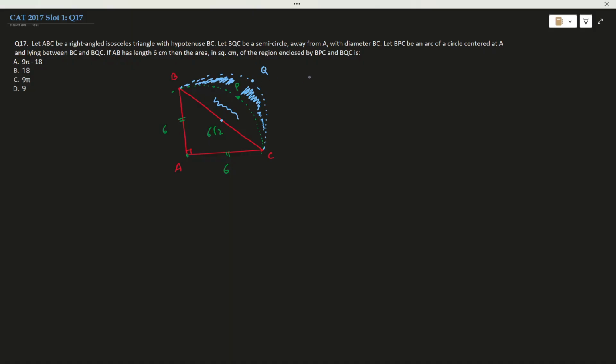So what is the area of the semicircle? Area of semicircle is pi r square by 2 is equal to, what is r square? 3, right? 3 root 2. R is basically the radius of the semicircle, and radius of the semicircle will be BC by 2.